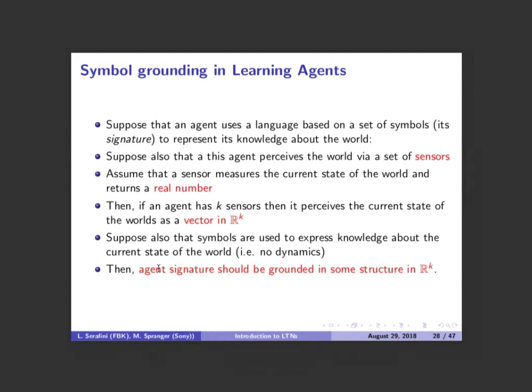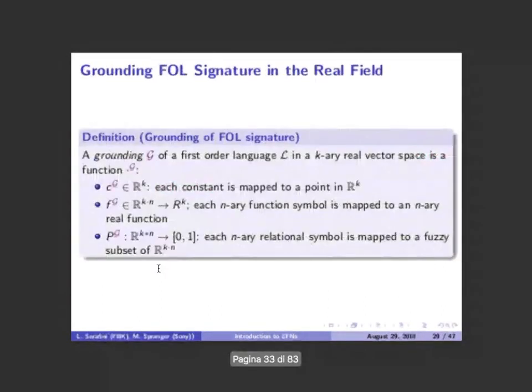And it may have a number of such sensors, so we need a vector in R^K. And these are expressing knowledge about the current state of the world. So this signature, as I mentioned already a number of times, should be grounded in such structure in R^K.